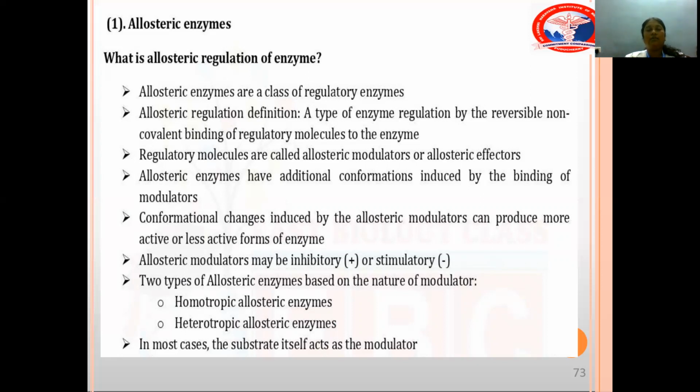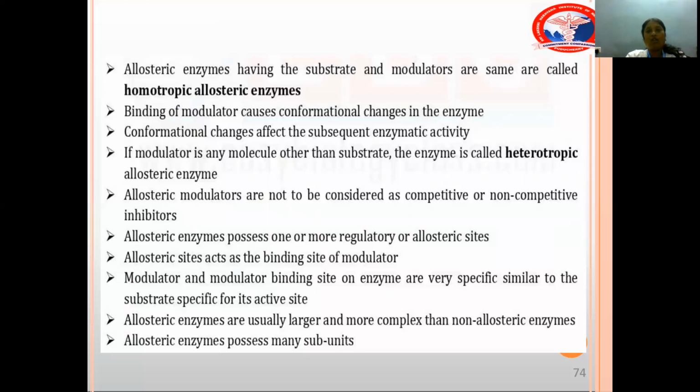In many cases, the substrate itself will act as the modulator. So we don't need another allosteric molecule and another allosteric site. In some conditions, it will be different. Allosteric enzymes in which the substrate and modulators are the same are called homotropic allosteric enzymes.